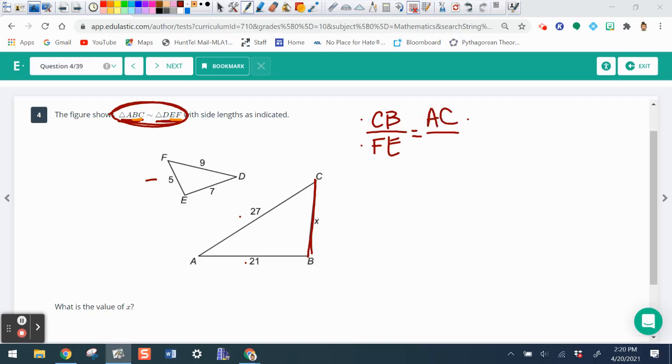And so if CB corresponded to FE, now let's see what AC corresponds to. Looking at the statement, A being the first vertex and C being the last, corresponds to segment DF. So AC corresponds to DF.